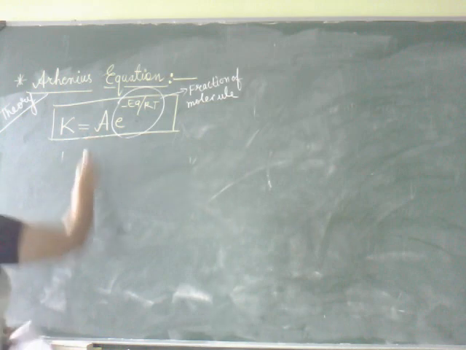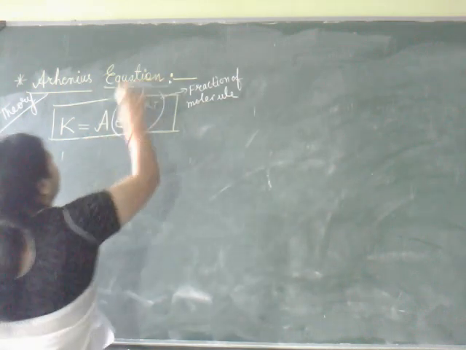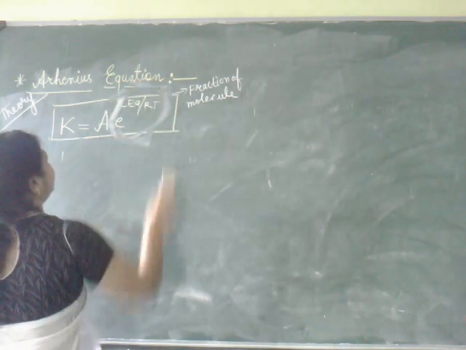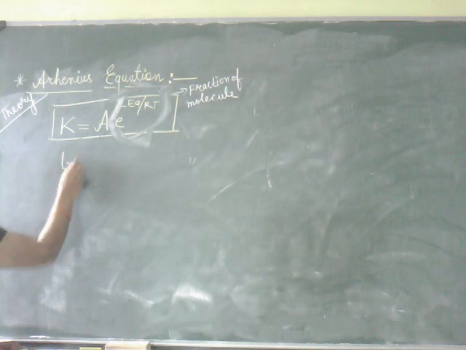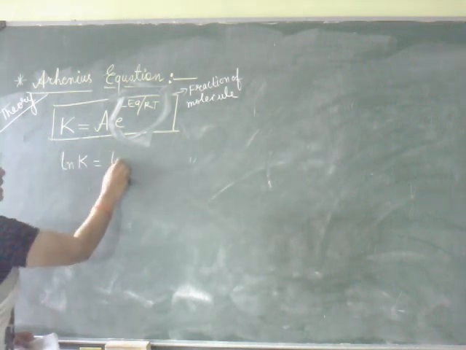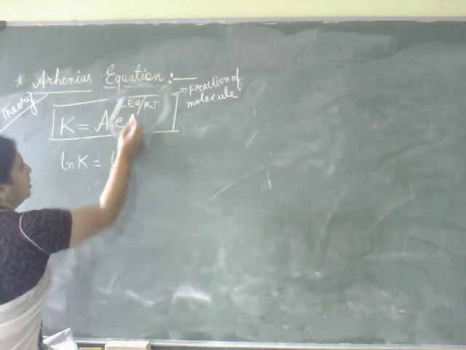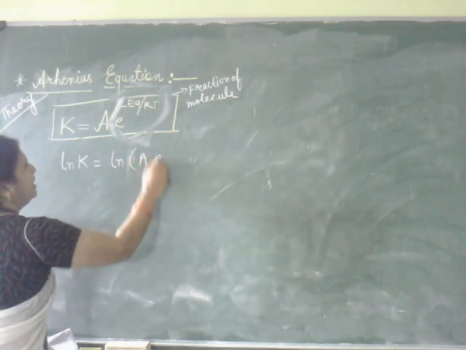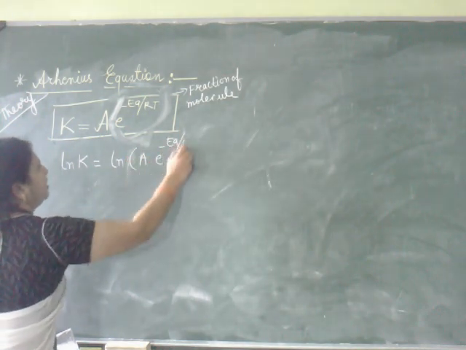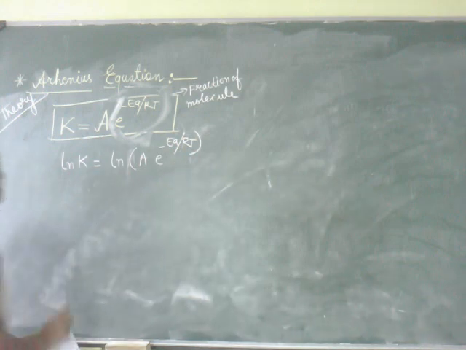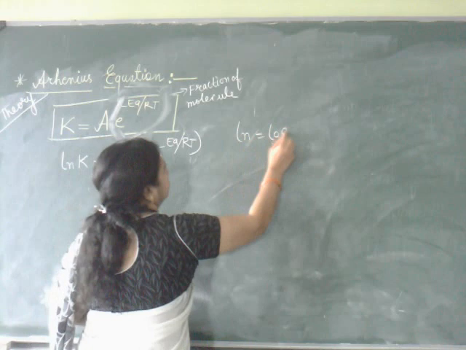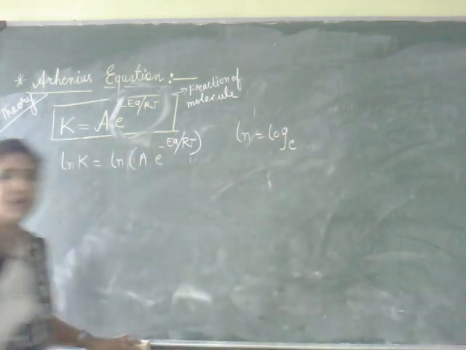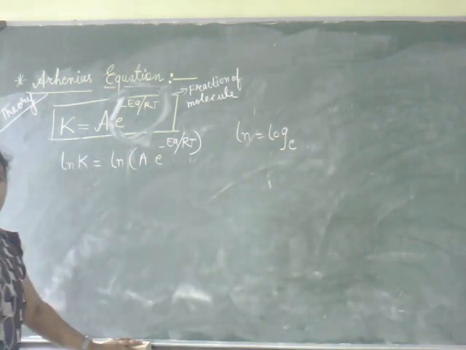Now come to this equation, the Arrhenius equation. If I take log on both sides of this equation, that is ln k is equal to ln of A, inside the bracket, e to the power minus Ea by RT. ln means natural logarithm, that is log to the base e.